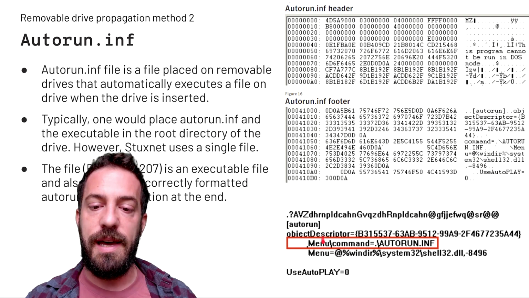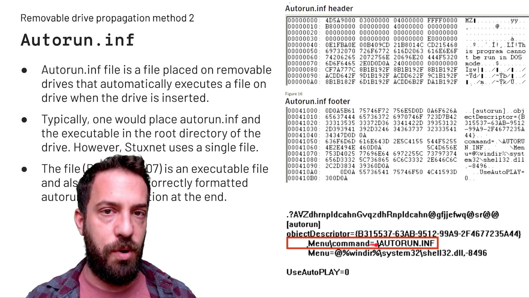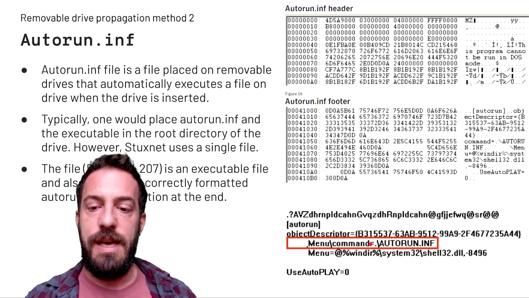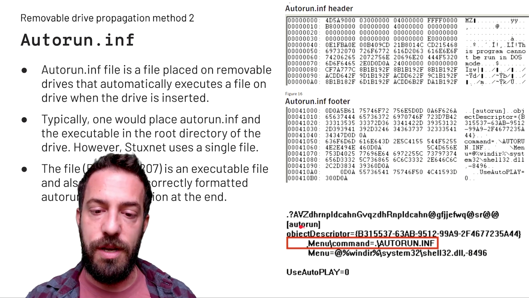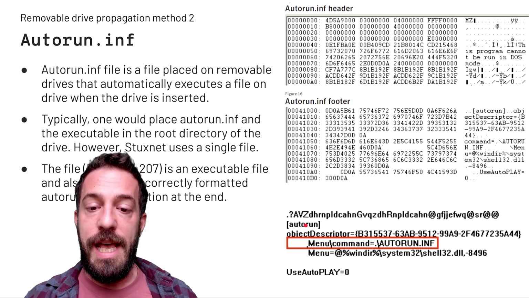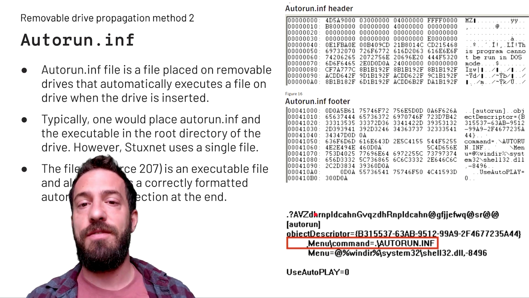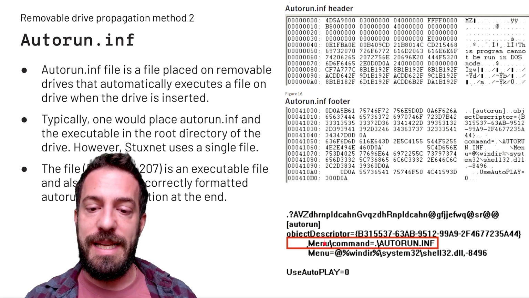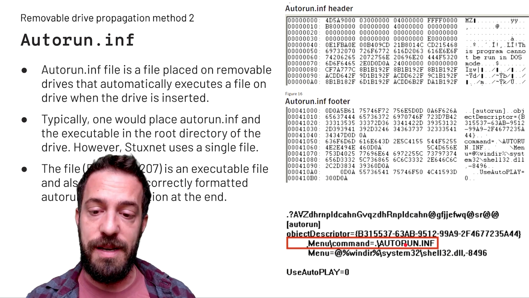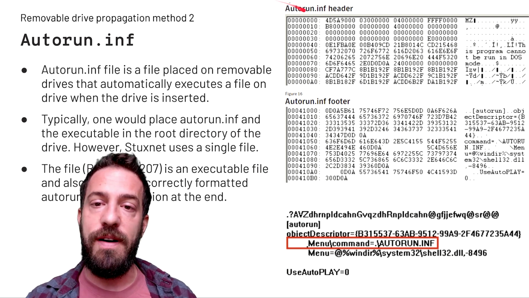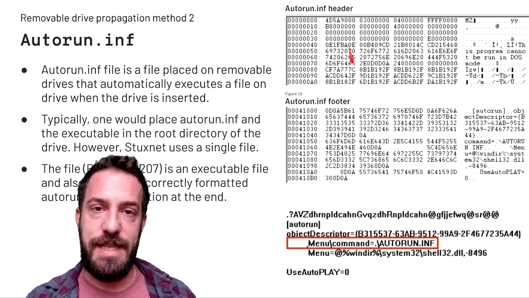And once it finds the tag, it will go and execute the file that you have pointed out for execution. However, what Stuxnet did was, before the autorun tag here, it would place itself in the beginning of the autorun.inf. So by telling the Windows operating system to run itself, it would go to the beginning of the file and execute Stuxnet. So it would load Stuxnet this way.